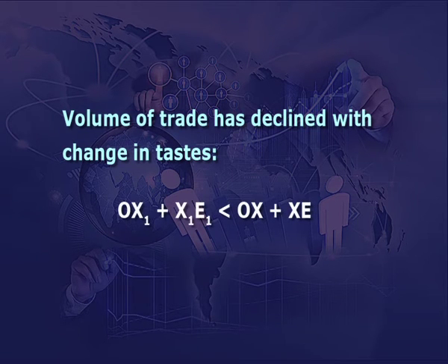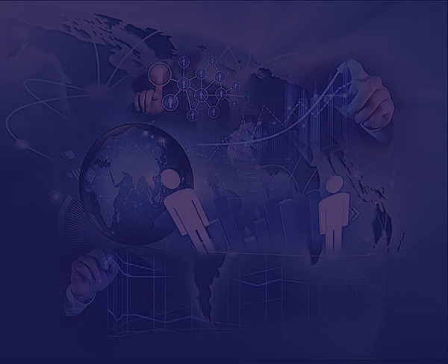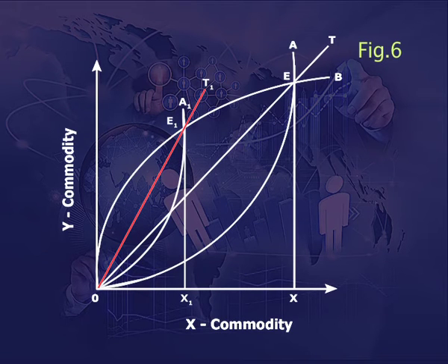That is, OX1 plus X1E1 is less than OX plus XE. But its terms of trade have improved, as shown by the terms of trade line OT1, whereby it exchanges less quantity OX1 of X in exchange for a larger quantity X1E1 of Y.